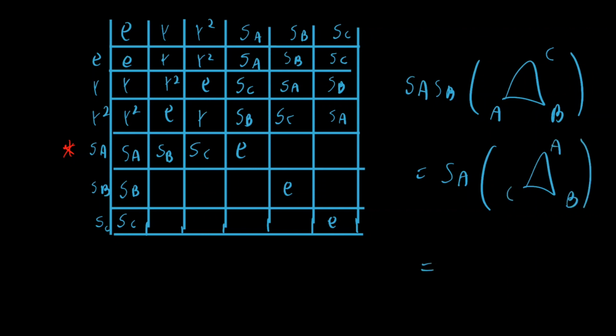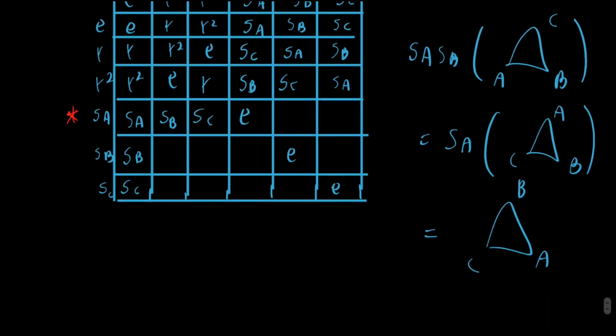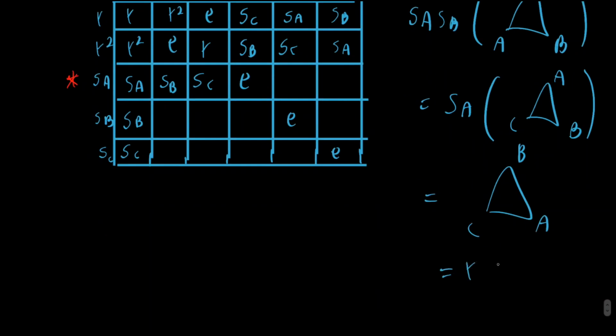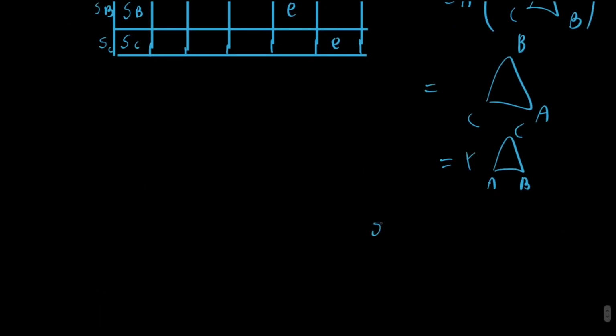And the result of this is now CBA, like this. But notice that this is just R times ABC, because this triangle is rotated 120 degrees counterclockwise. So this is R.